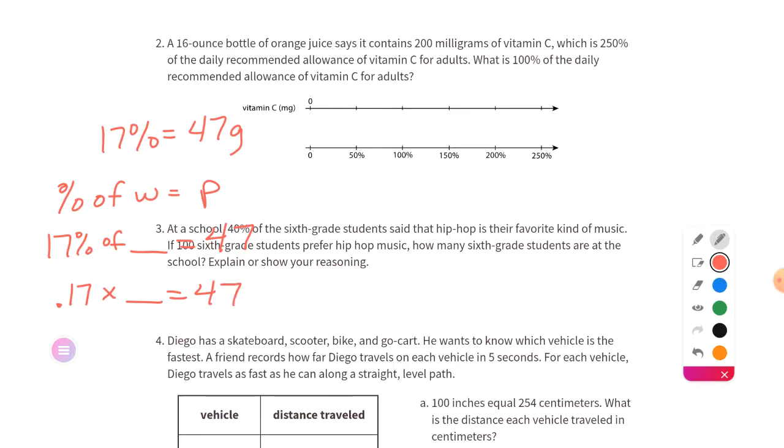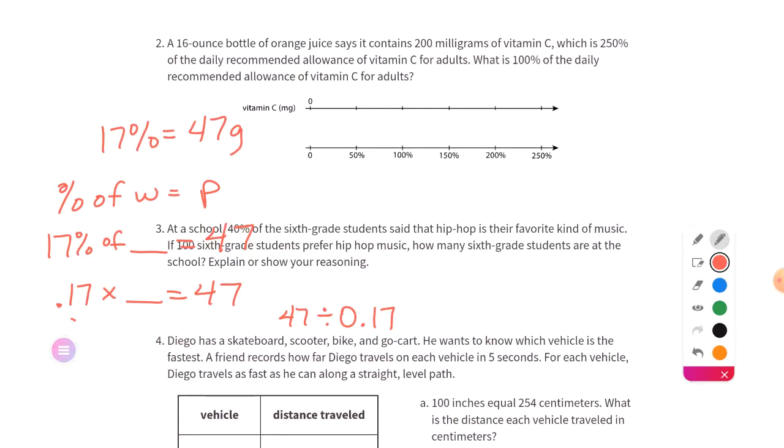Now, if this was 6 times blank equals 48, what math problem could we do to figure out the blank? 48 divided by the one we know. So here, if we do 47 divided by 0.17, let me grab a calculator.